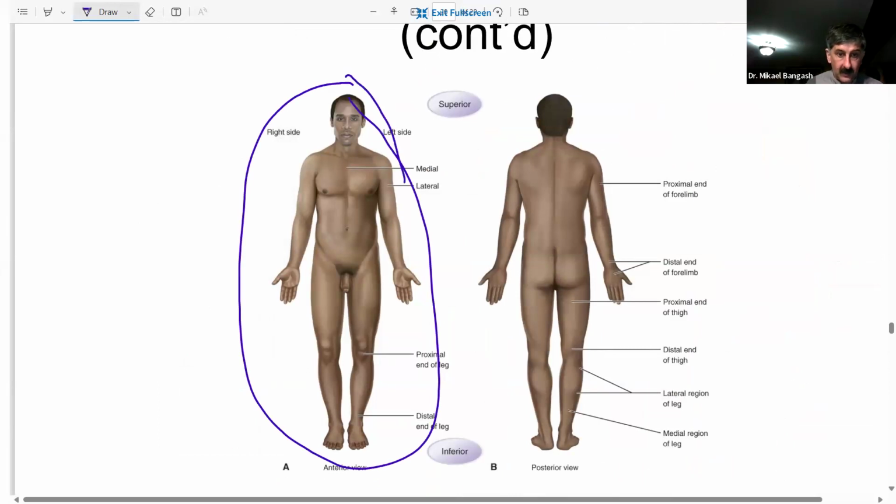Well, I guess it's an anterior view of somebody standing in the anatomical position. Or if you look at his back here. Standing straight up, looking straight ahead, arms hanging down the sides with his palms facing forward.